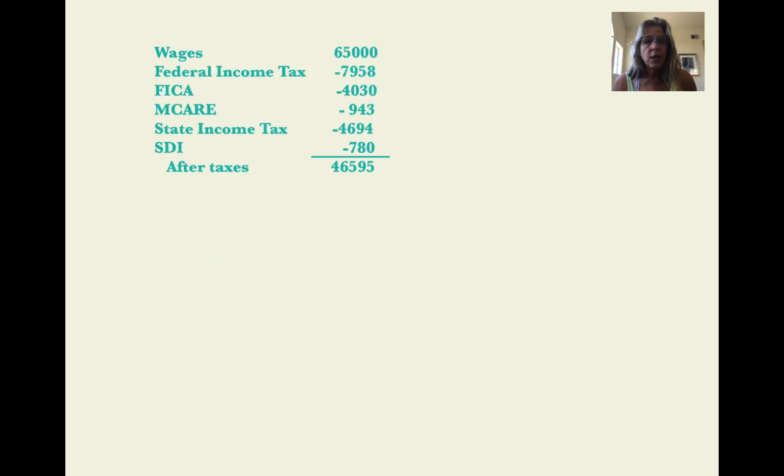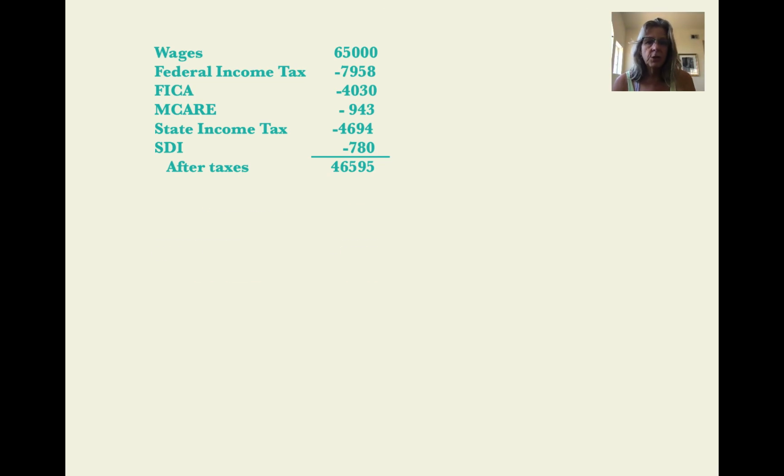So if we look at that, we have $65,000 of income. We had to pay federal tax, Social Security, and Medicare. Those three are federal taxes. And then on the state side, we had to pay state income tax and state disability insurance. So of the $65,000, we ended up with $46,000 of income.